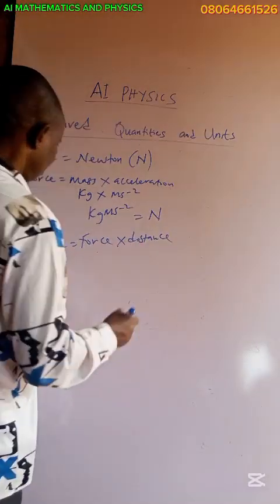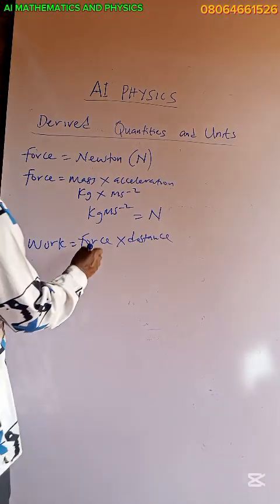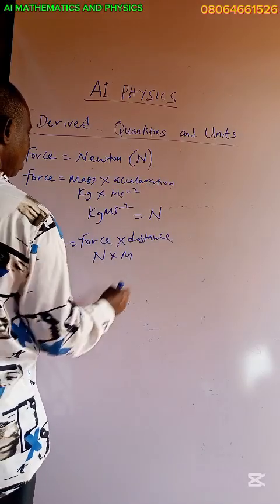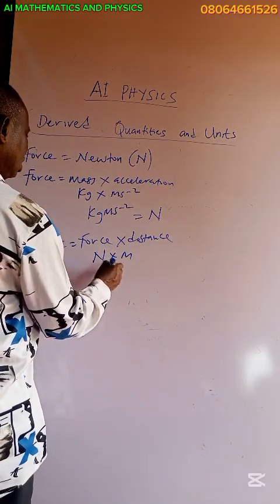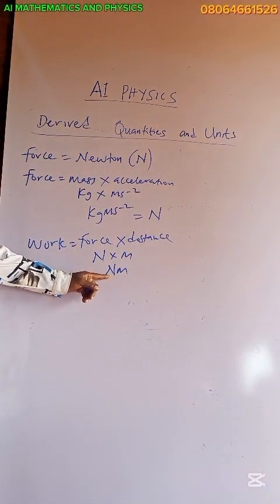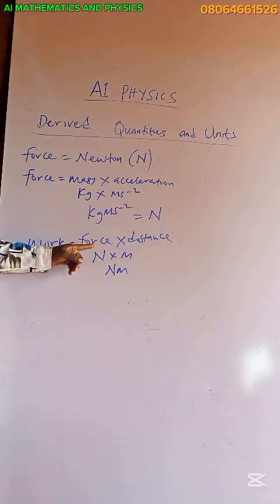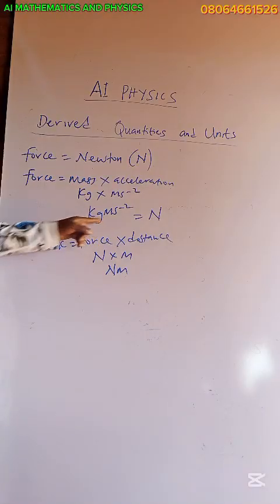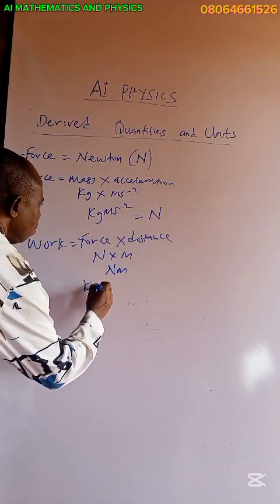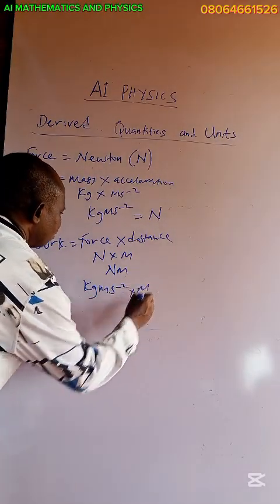It means that this one is N and this one is m, so it could be Newton meter. Or in place of force here, place this, which means you have kilogram meter per second square times meter.